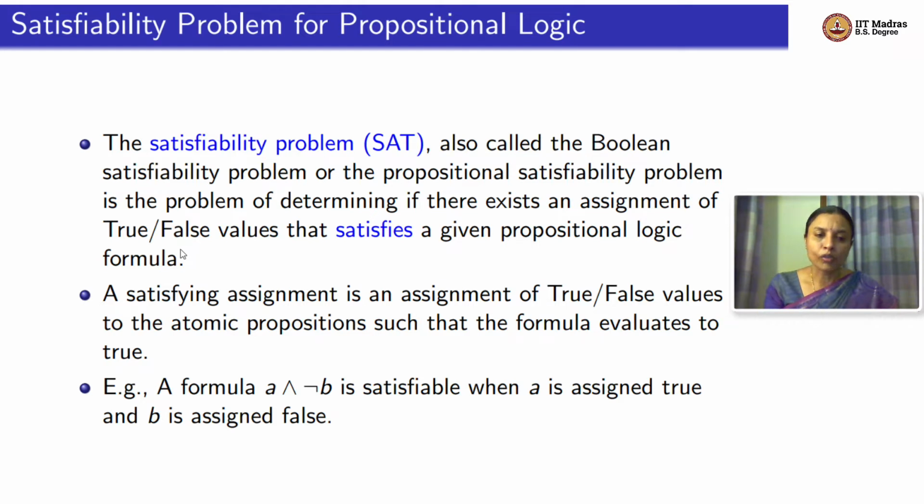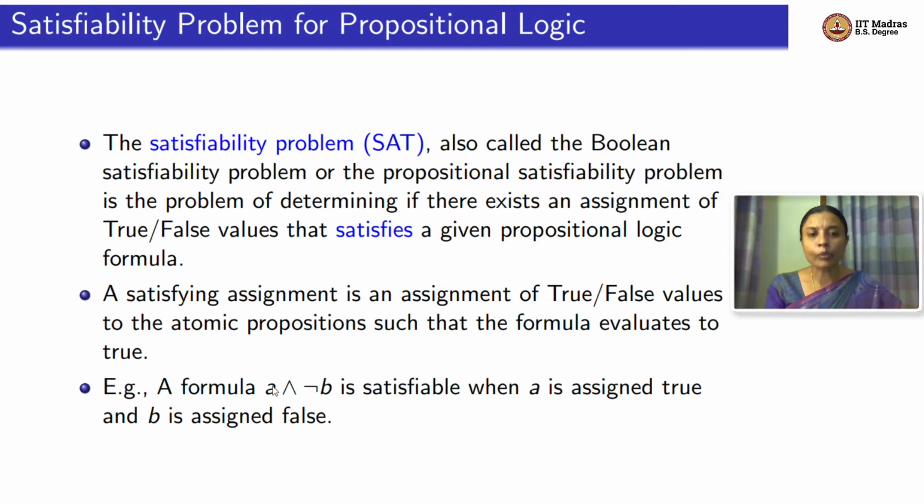For example, suppose you take the formula A and not B, as you see here. It has two atomic propositions, A and B. B has a negation outside it, and then they are combined using the logical connective AND. When is this formula satisfiable? If I can find a true or false assignment to A and to B such that, using the semantics of these Boolean operators, the whole formula evaluates to true, then we say that this formula is satisfiable.